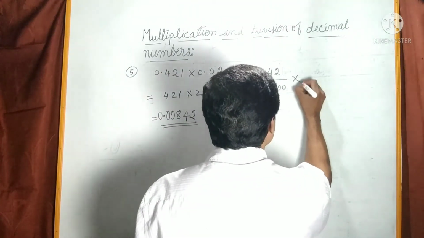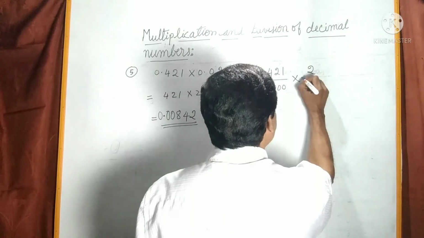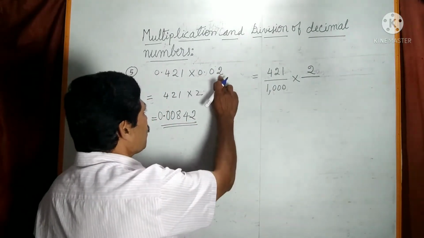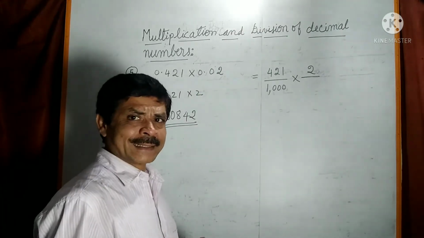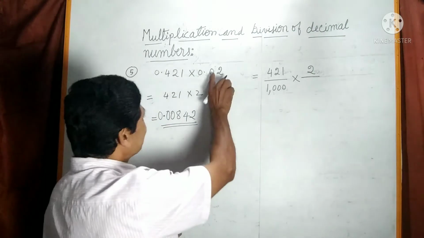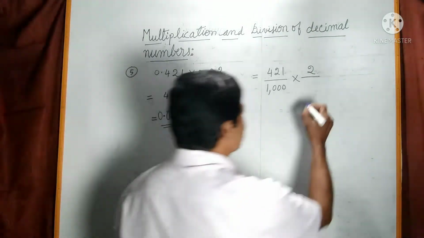Into, we will write 2 here after removing the decimal point, and 1, 2 digits in the numerator means we will write 2 zeros.